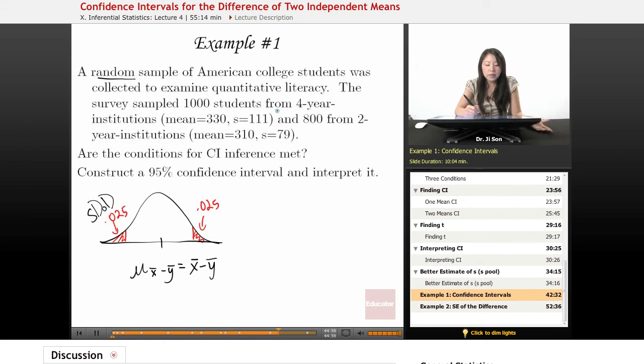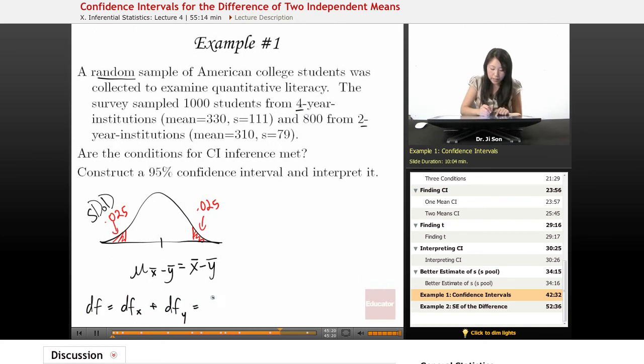And then maybe it will help us to figure out the degrees of freedom so that we'll know the t value to use, right? So let's figure out degrees of freedom. It's going to be the degrees of freedom for x, and I'll call x the four-year university guys, and the degrees of freedom for y, the two-year university guys.